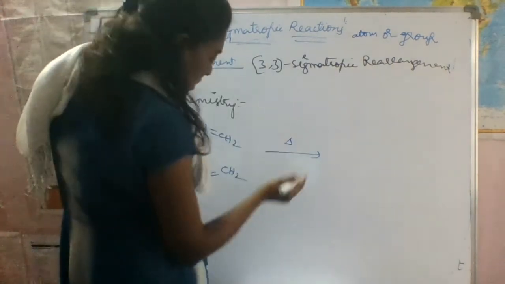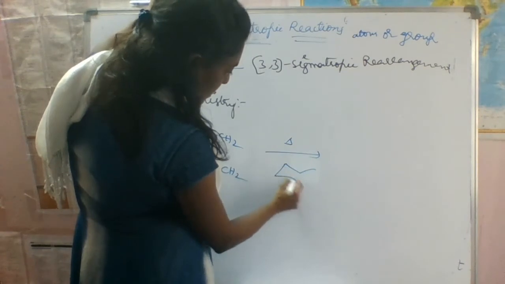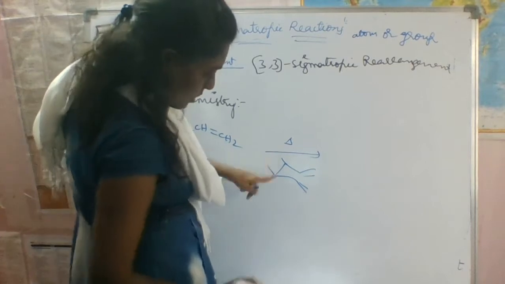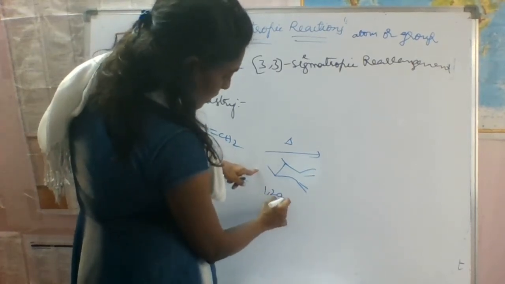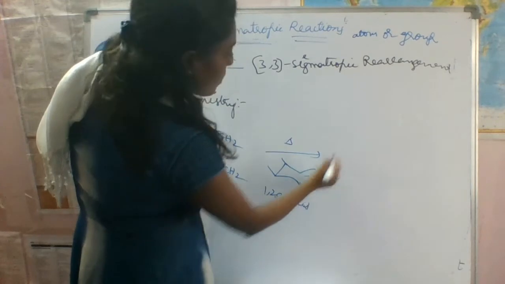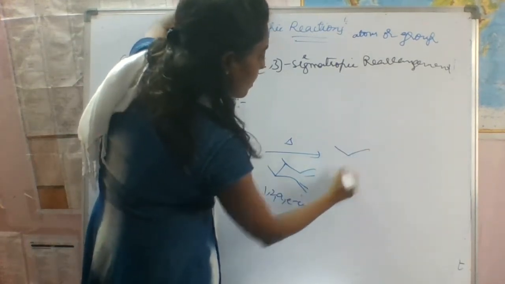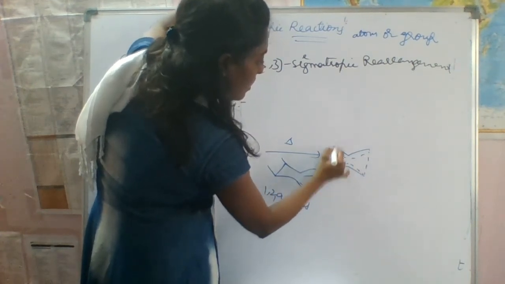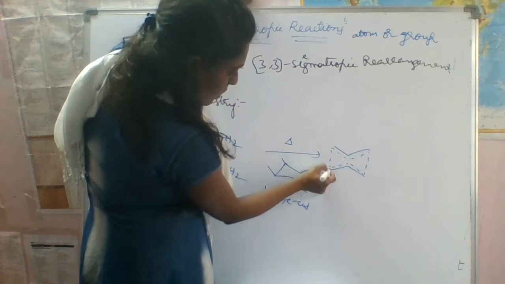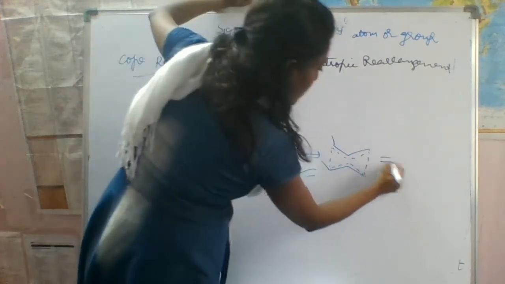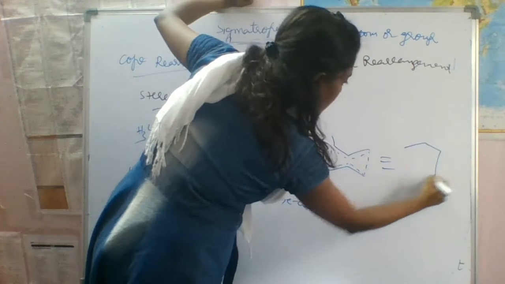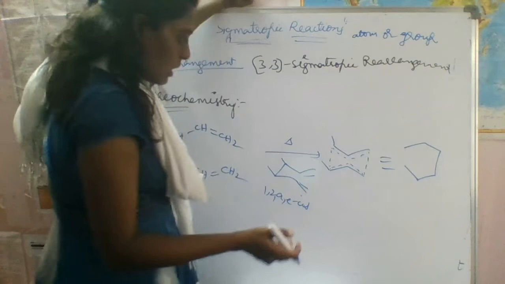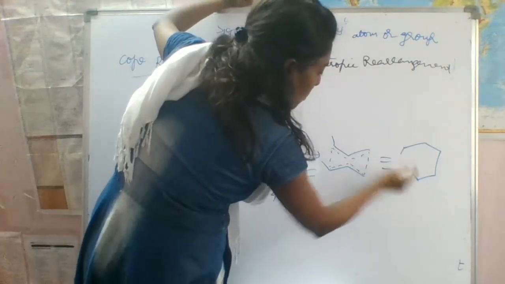If it undergoes the reaction, we can write it like this. Here this is there, and this is called cis. Next, if you see here, in this manner, it will give this. Just carefully observe.